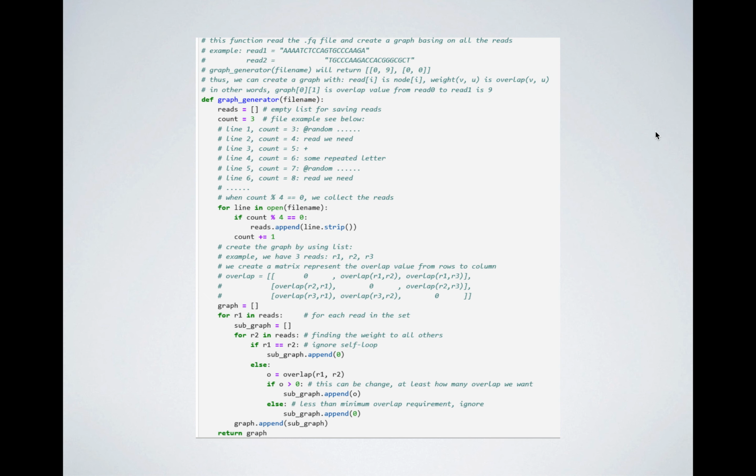And then the graph generator function will return the data below. So we can create a graph with the reads as nodes, and we have the weights, which are also the overlap. In other words, the graph 0 to 1 is the overlap value from read 0 to read 1.